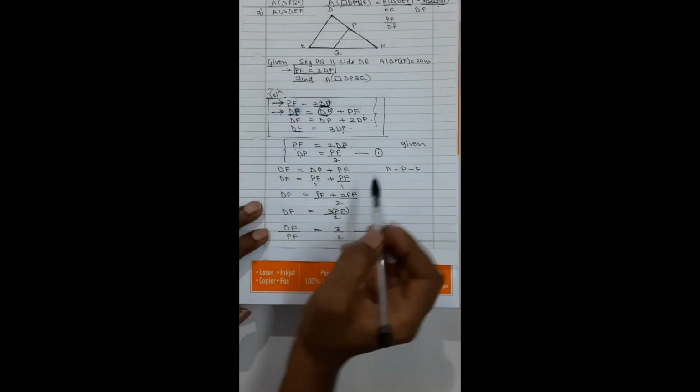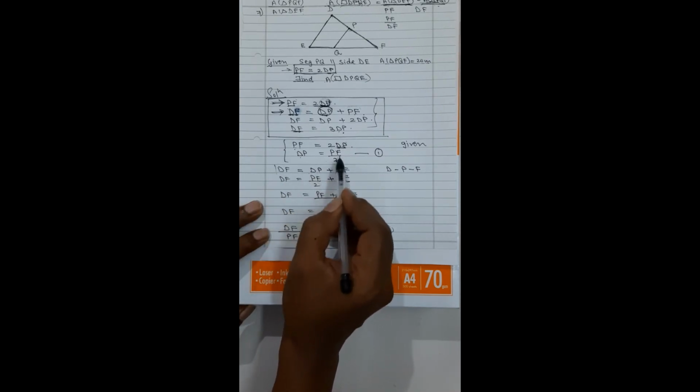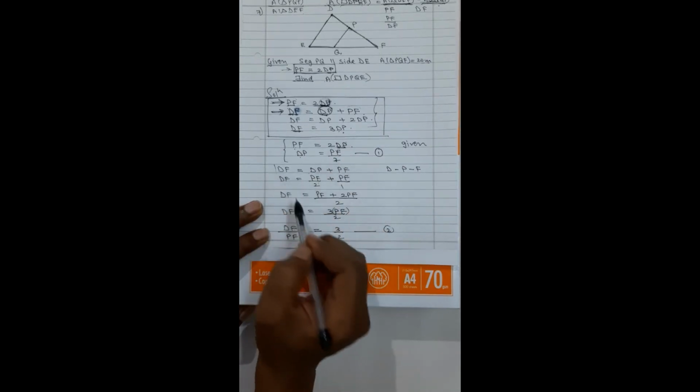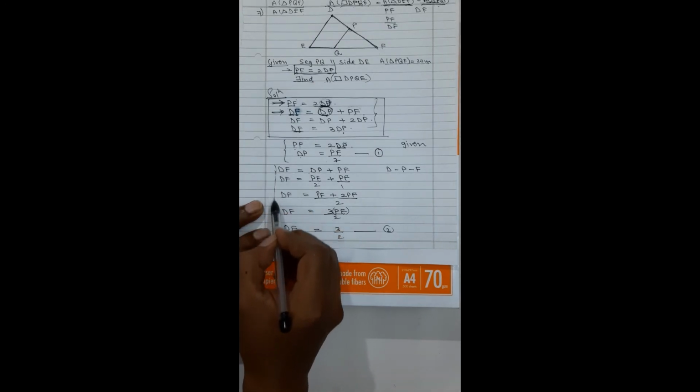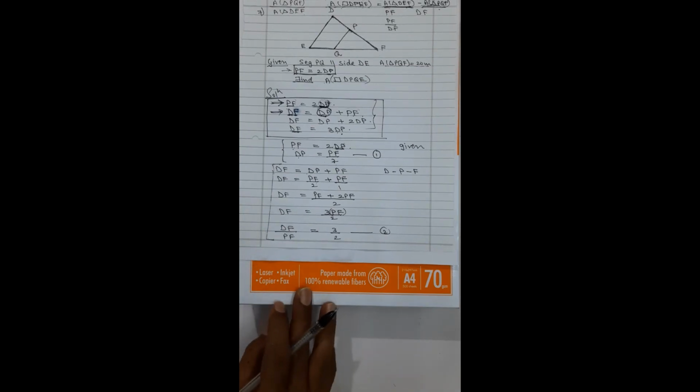Then you will use this collinear point and substitute dp, the one who has to get out. Only then dp will get out, and then solve it properly, so you will get the right combination, that is df upon pf is equal to 3 upon 2. Rest of the thing is the same old story. You don't have to actually work very hard on this.